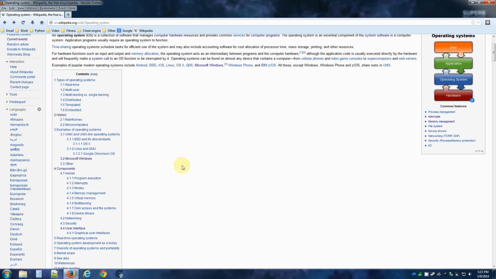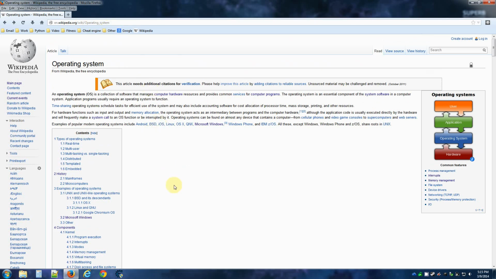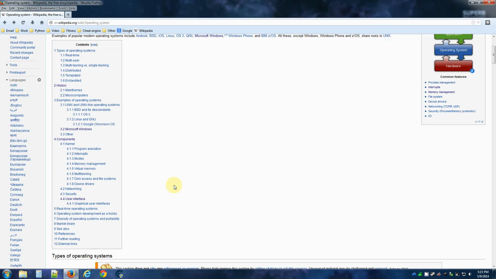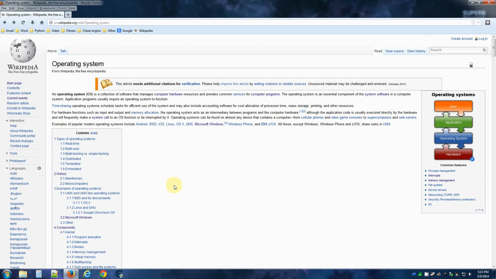Certainly, if you want to read the whole article on operating systems on Wikipedia and click on all the links, make sure you have some time on your hands, because these are very complicated pieces of software, some of the most complex that probably exist, and they solve problems in an extremely generic way so as to allow other things to solve specific problems. That is how I encapsulate it in my head.